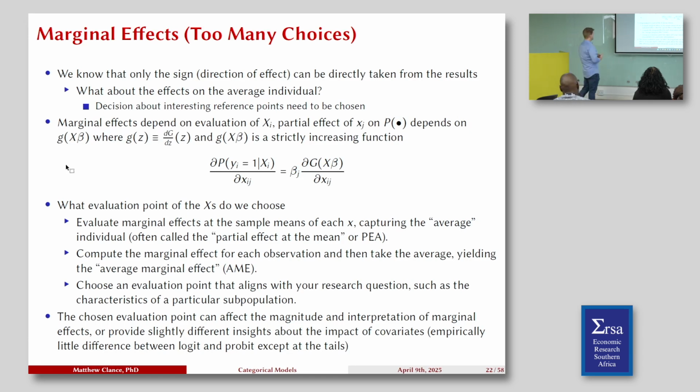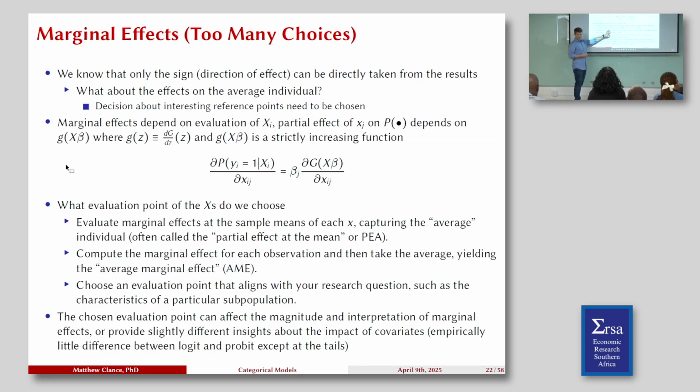So we can evaluate these marginal effects at the sample means if we want to. That's fine. Sometimes we only care about the mean, so we're capturing the average individual. We sometimes call this either the marginal effect or the partial effect at the mean.